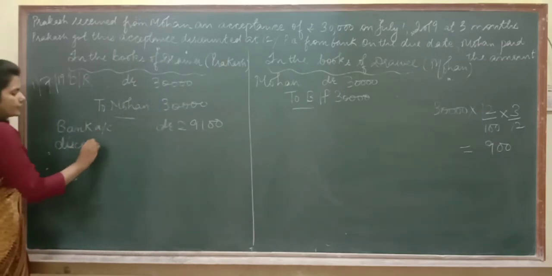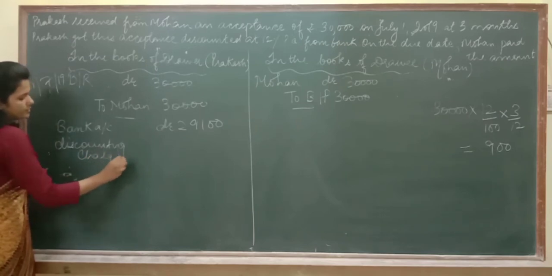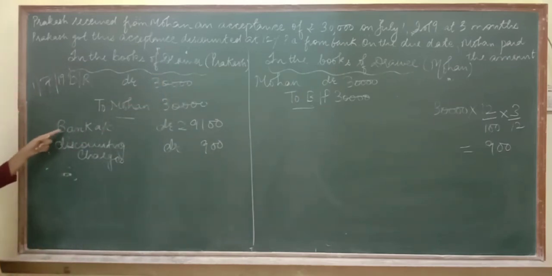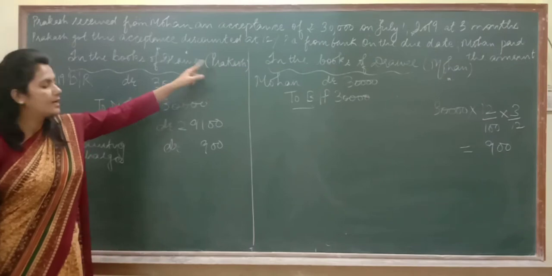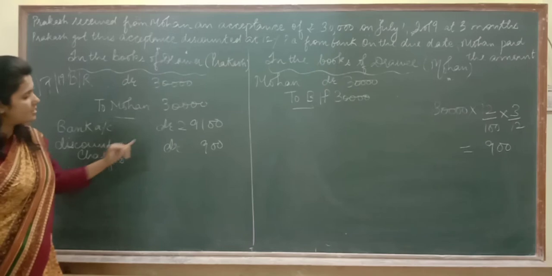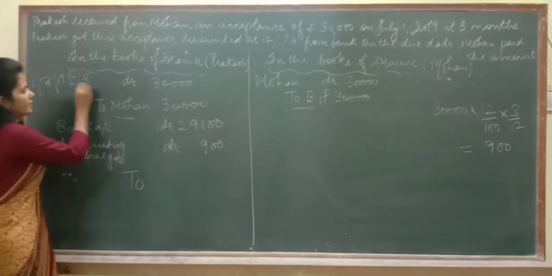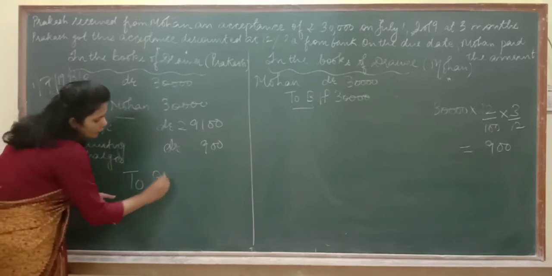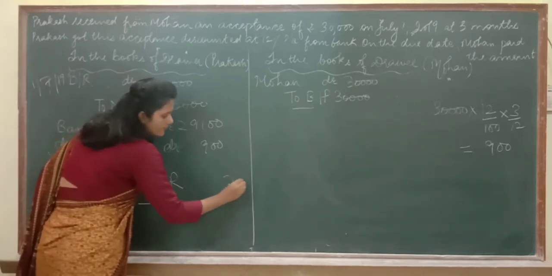So discounting charges will be a loss, so it will be debited. Why have I debited the bank here? Because the money has come into Prakash's business, and 900 rupees less have come because the bank has deducted the discount. So it is a loss for Prakash, so it has to be debited. And now this BR is with the bank, so credit what goes out. Now this BR has gone to the bank.